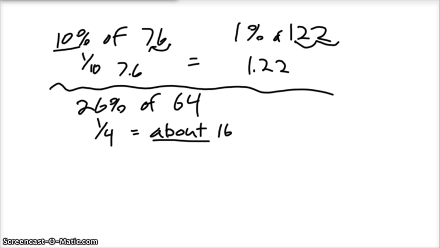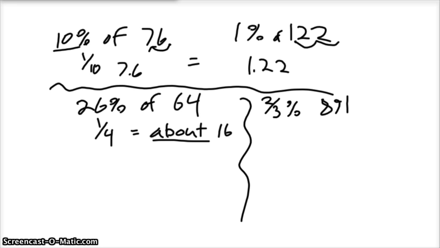So we rounded 26. Now what about an example where we estimate both? So that's this next one. We've got 39% of... Actually, let's not do that one. I want to do the one right to the right. So we have 2/3% of 891. Here's an example where we can estimate both.